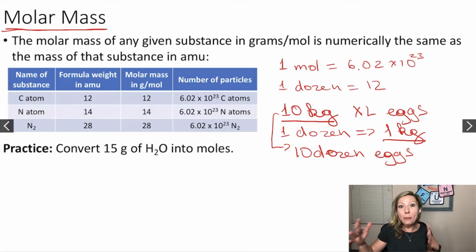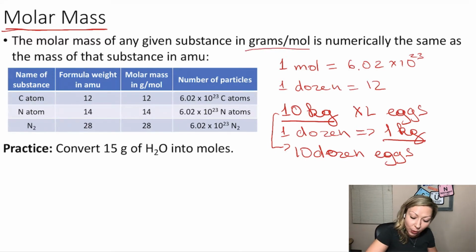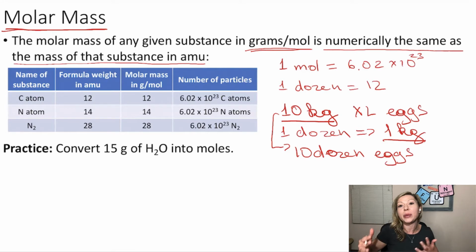So, molar mass works very similarly. And what's cool about it is that the molar mass of any given substance in grams per mole is numerically the same as the mass of that substance in atomic mass units. So if I have carbon atoms and I know that its formula weight is 12, I'm going to have its molar mass given as 12 grams per mole.